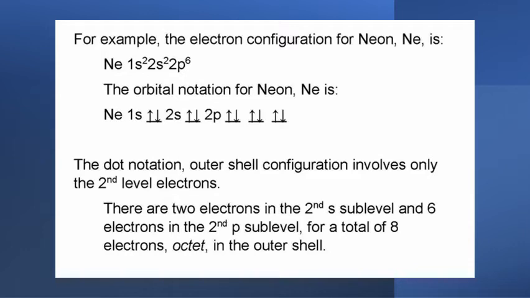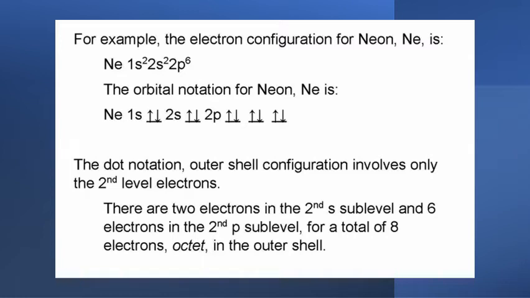For example, the electron configuration for neon is 1s2, 2s2, 2p6. The orbital notation for neon is 1s, spin up, spin down; 2s, spin up, spin down; 2px, spin up, spin down; 2py, spin up, spin down; 2pz, spin up, spin down.